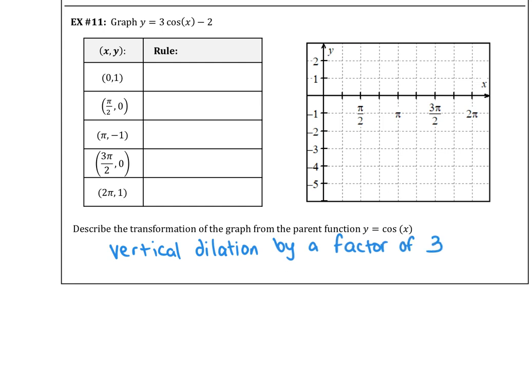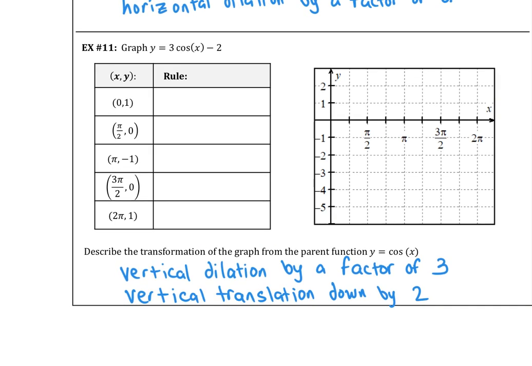And then the minus 2 means that's a vertical translation down because of the negative, by 2. Vertical translation down by 2. So both of these are going to affect the y coordinate. Okay, so we're going to essentially do 3 times y and then minus 2 to get our new points.